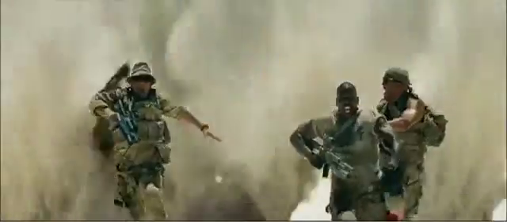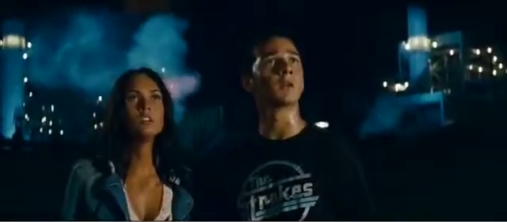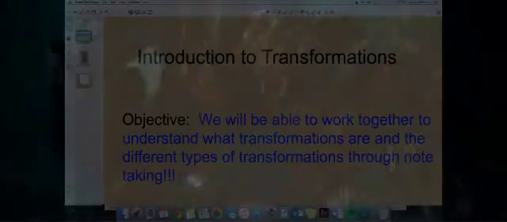Our enemy can take any shape. They could be anywhere. It's a robot. You know, like a super advanced robot.